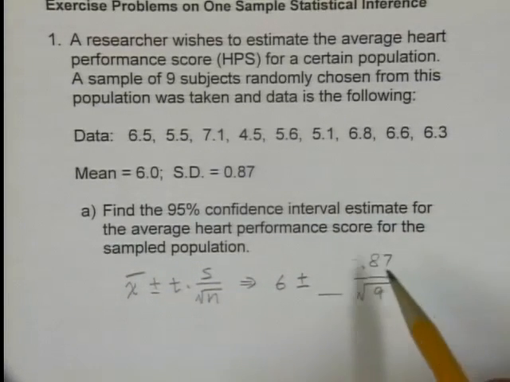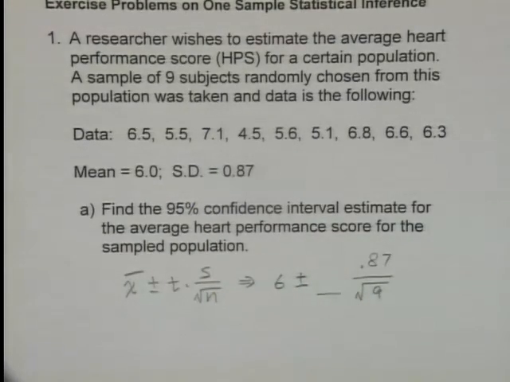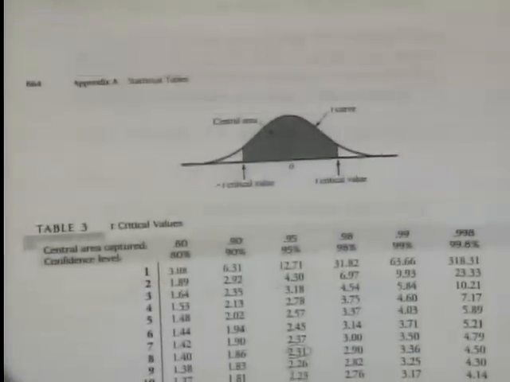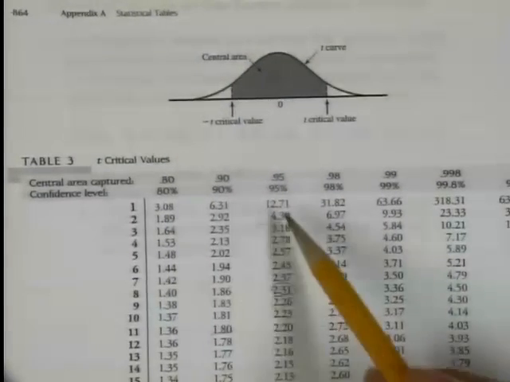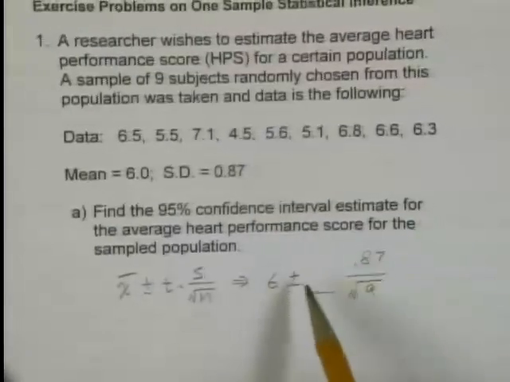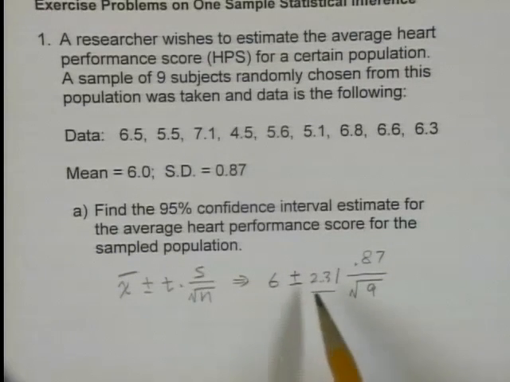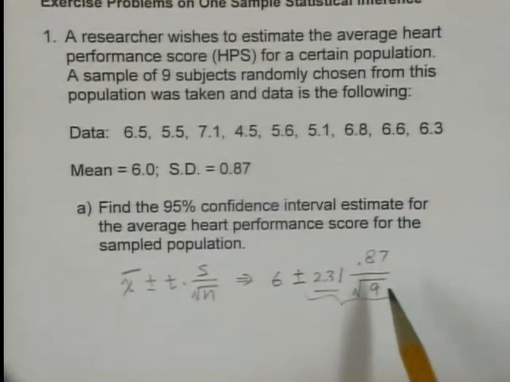So what is that t-score? 95%, degrees of freedom is 8. So you go to that t-table from the e-book. 95%, degrees of freedom 8, it's actually 2.31, from that web assigned book. So 2.31. And you're almost done. This part here is the margin of error, okay?